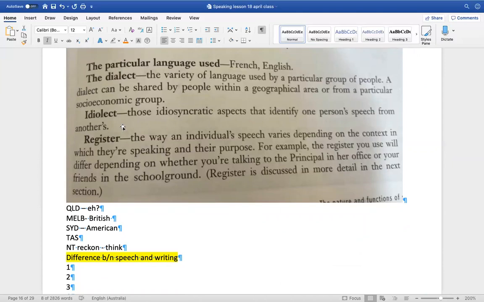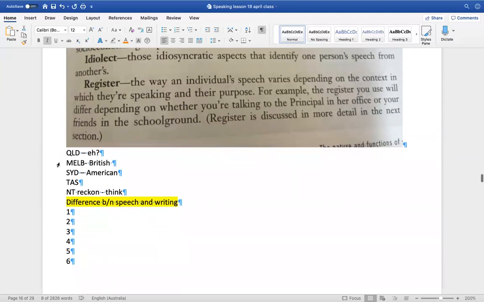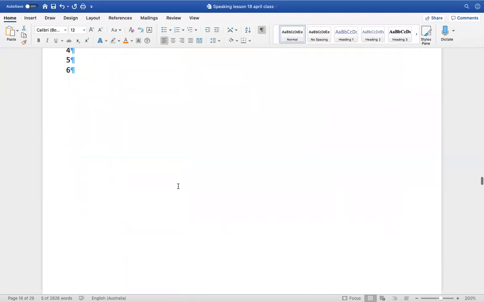You could say idiolectic speech from Queensland is putting "eh" on the end of every sentence. We mentioned in Queensland they say "eh". Melbourne's English is a bit more British, Sydney's a bit more American, and we all thought that Tassie and Northern Territory was a bit more Aussie, like as in slang.